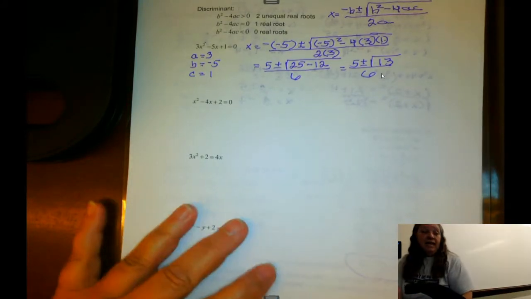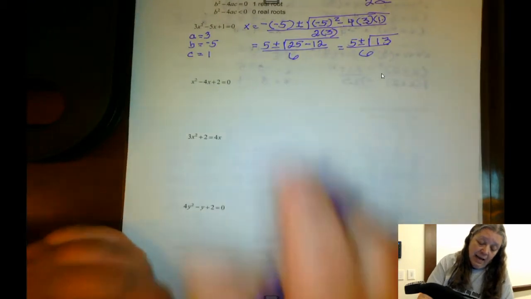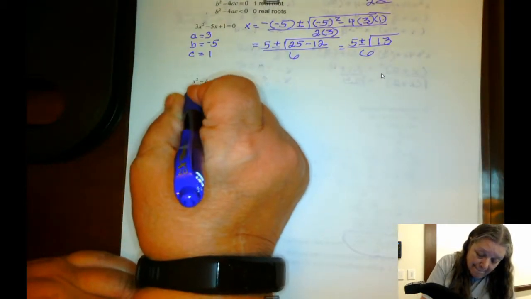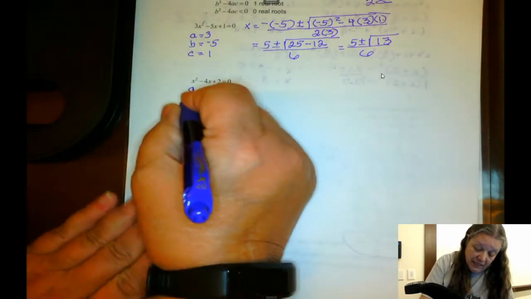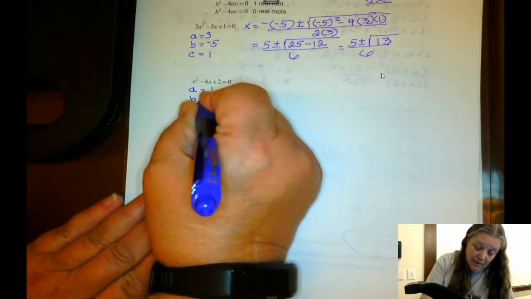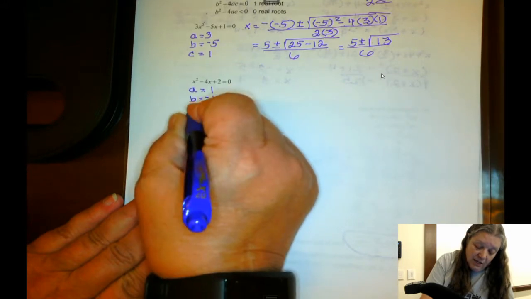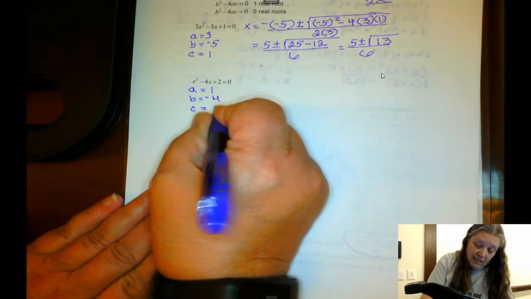Now, if we look at this next one, same thing, identify A, B, and C. So A is 1 because there's not a coefficient written. B is negative 4. C is 2.